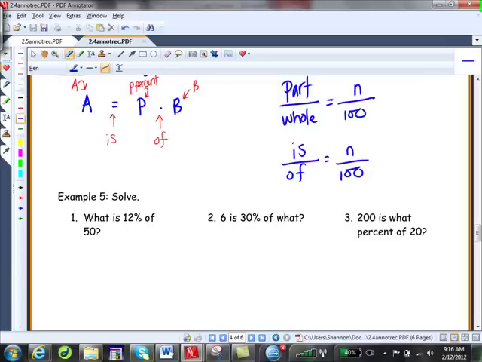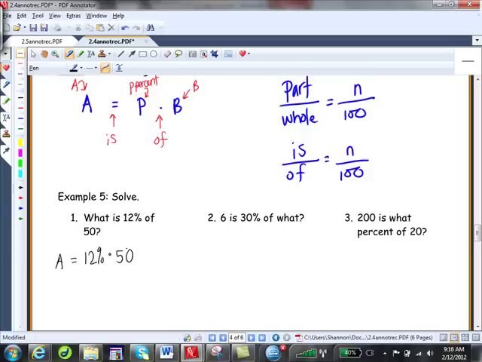What is 12% of 50? So if you follow the equation the author gives exactly, do we know what A is? No. It says what, right? Is. A is. So we'll just say A is 12% of 50. So 12% times 50.